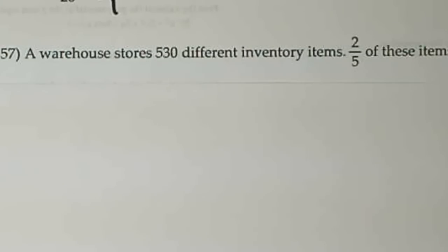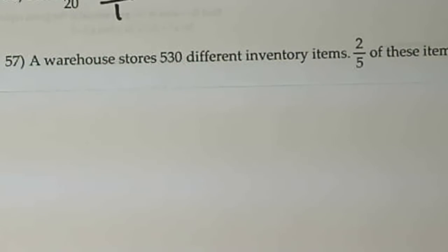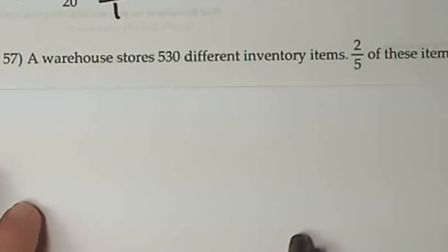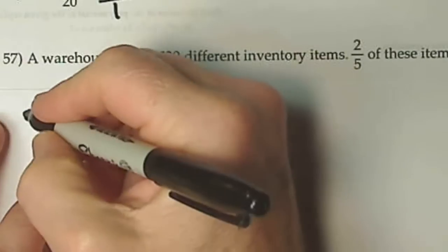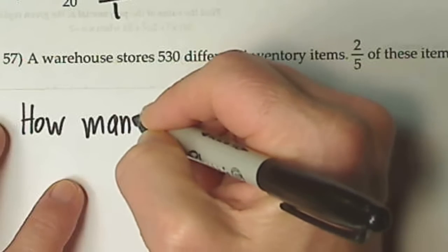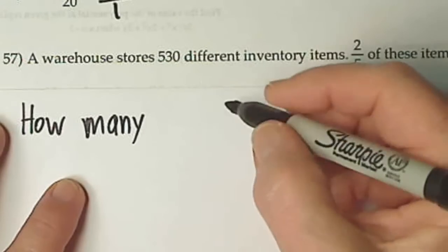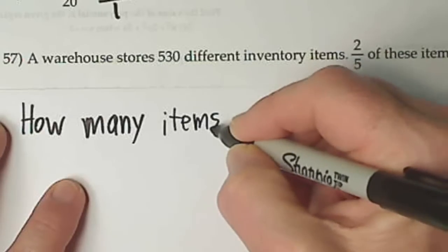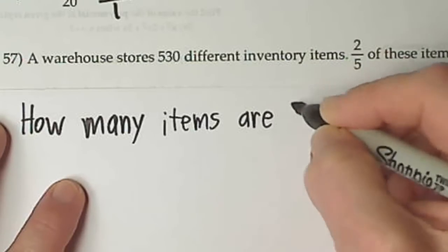Alright, so notice before they were saying what fraction of items might be perishable, or what fraction of bicycles or mountain bikes or something like that. But here they want to know how many items are perishable.